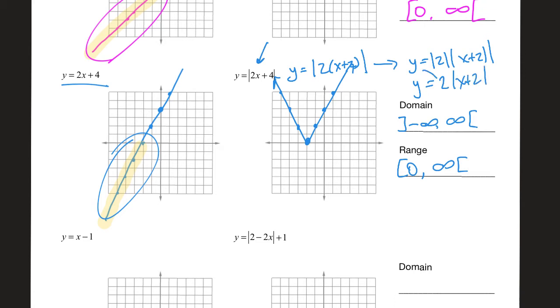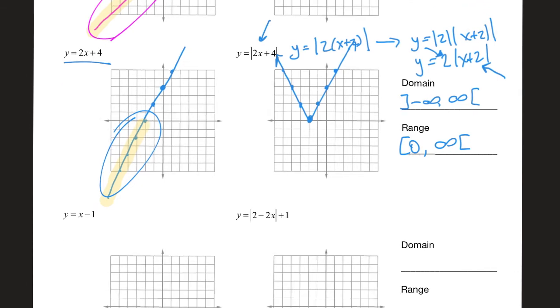Meaning, this is twice as tall. Each of these points is twice as far from the x-axis as it was before, and the entire V has been moved to the left 2 units. Okay, and the reason I'm showing you that on that example is because it ends up being kind of important on the next example. So let me move this up and let's get to that next example.